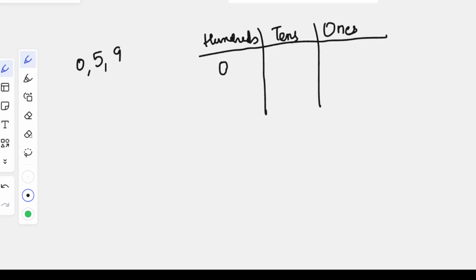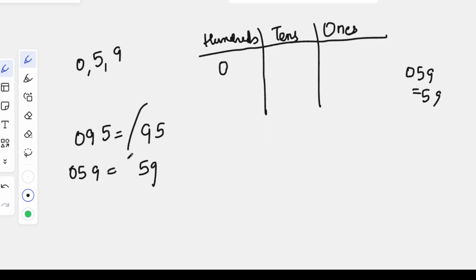We cannot start a number with 0, because if you write 0 5 9, it is actually a two digit number. 095 is nothing but 95. 059 is nothing but 59. So these are actually two digit numbers, and that is the reason we should not start a number with 0.